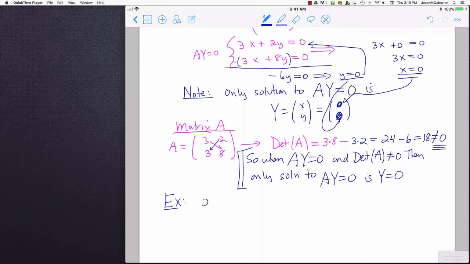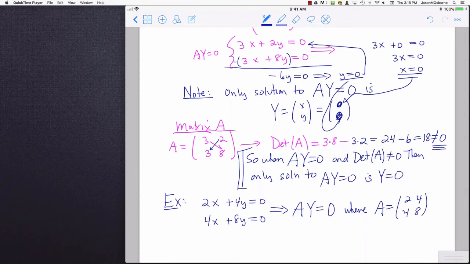Now consider another example where the determinant is equal to 0. Consider the system of equations 2x plus 4y equal to 0 and 4x plus 8y equal to 0. This is a system AY equal to 0, where the matrix A is 2, 4, 4, 8, and Y is little x, little y.